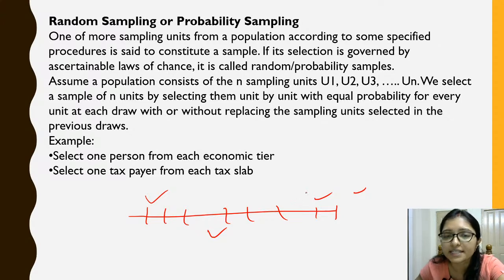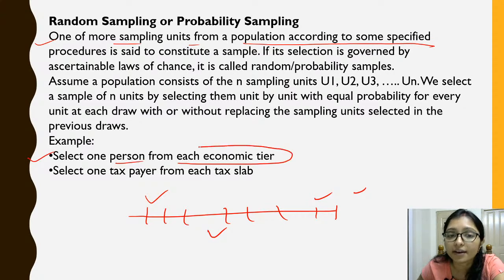What is probability sampling? You are trying to do something specific, one or more sampling units from the population according to a specific rule, and selecting one person from each economic tier, right.